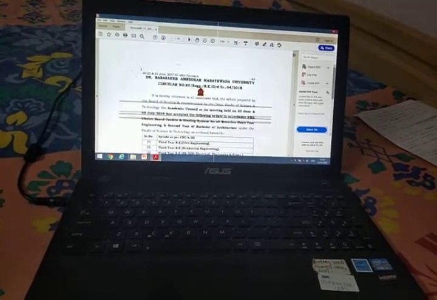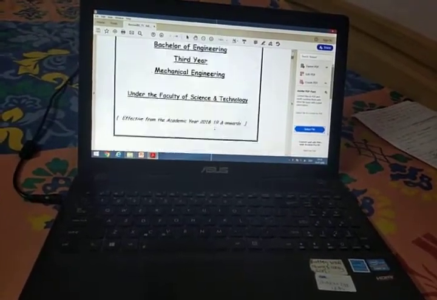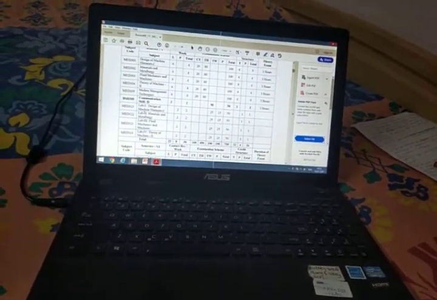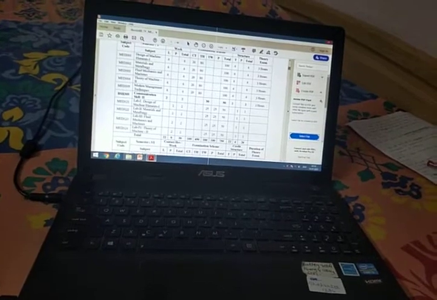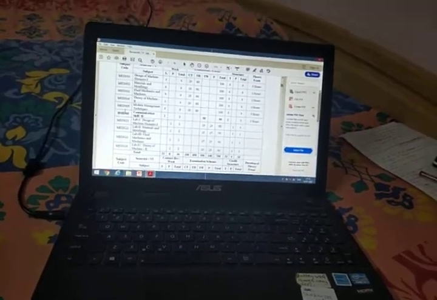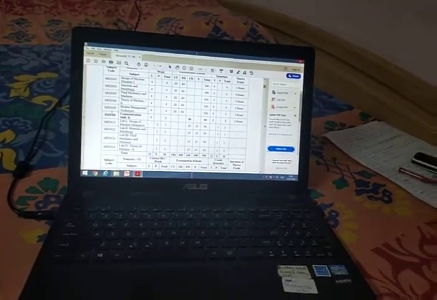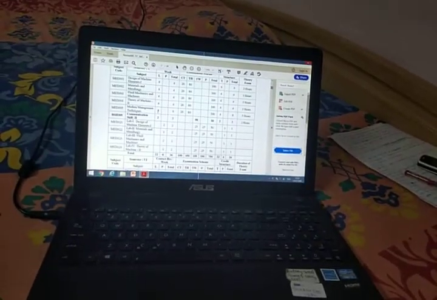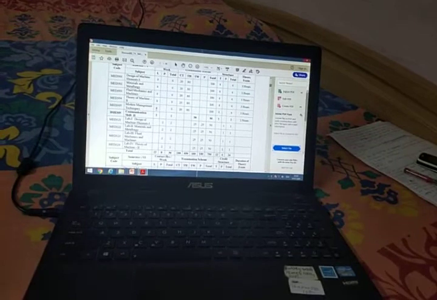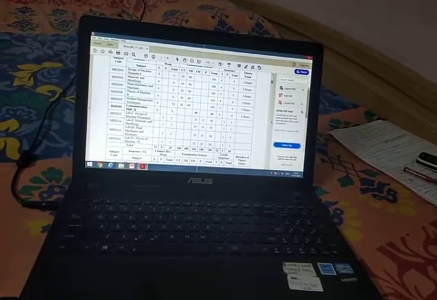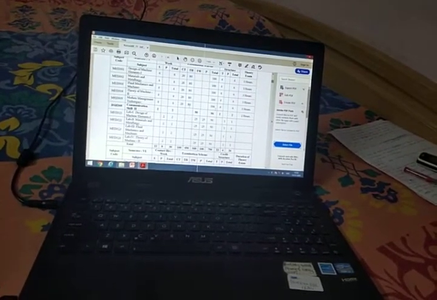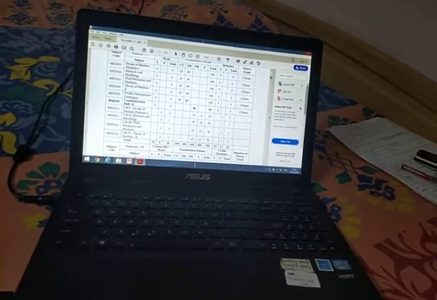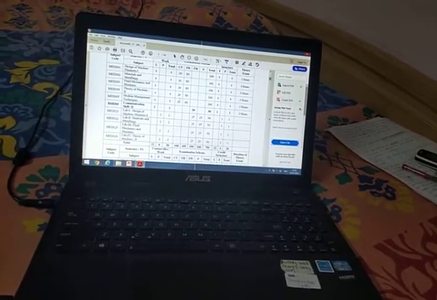Now, if we go through the syllabus, we will see that we are having modern management techniques with 4 lectures per week. It is a 100 marks subject, out of which 20 marks are for class test, and theory is of 80 marks.